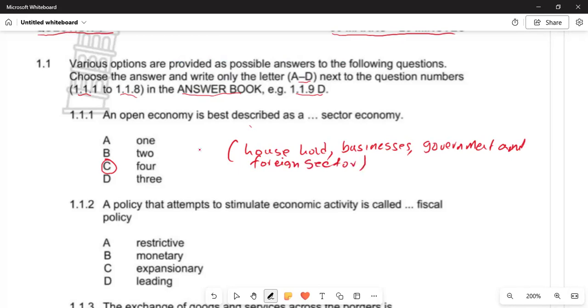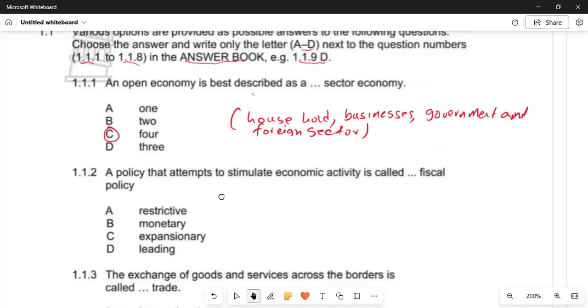That is why we call it a 4-sector economy.